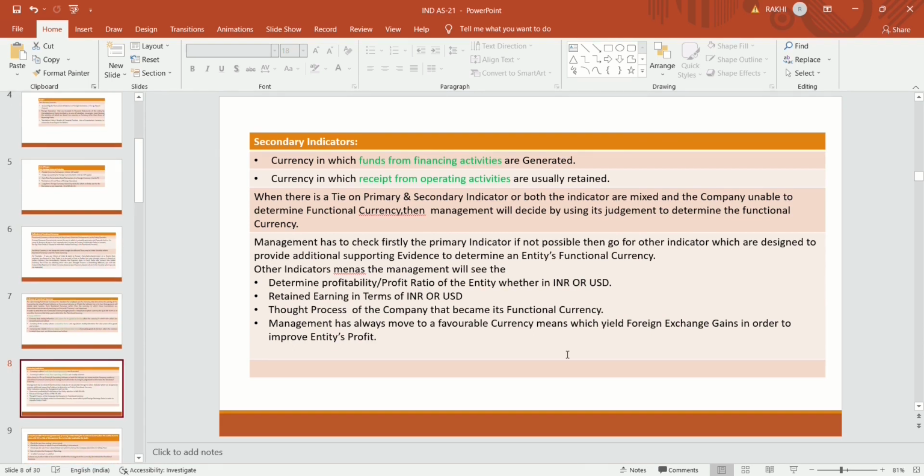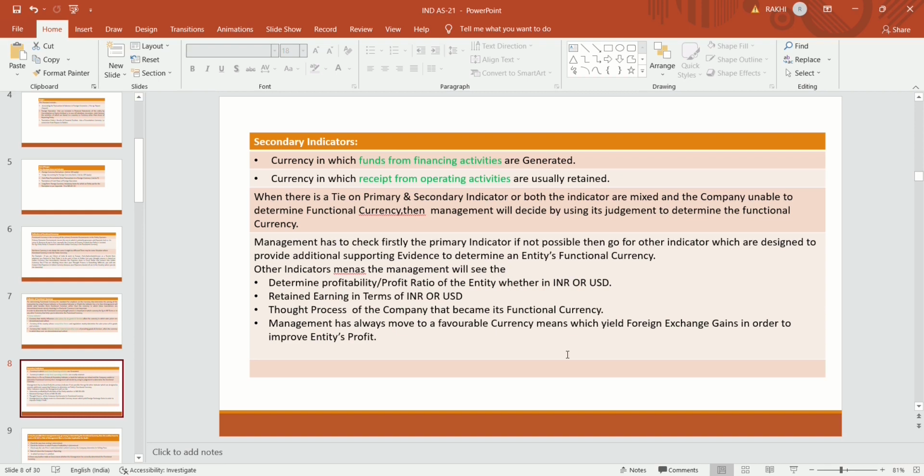Other indicators mean the management will see whether the profitability or profit ratio of the entity is in INR or USD. They will check whether the profit ratio of the organization is in INR or in USD to determine the functional currency.